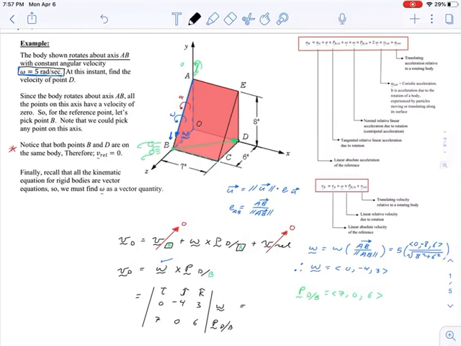So we can conclude that the velocity at D is equal to, now I'm just going to use my calculator because this is not a math problem, so we can definitely use our calculator to do the cross product of vectors.